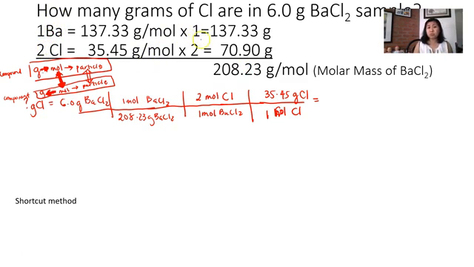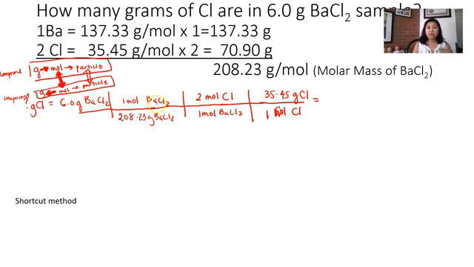So by just multiplying the chlorine by 2 and adding it with the barium atom, you get 208. Okay, so 208 grams goes down here, and 1 mole is going to go on the top. And the reason why I put the grams down here is because the information is in grams. If it was in moles, then that would be reversed.